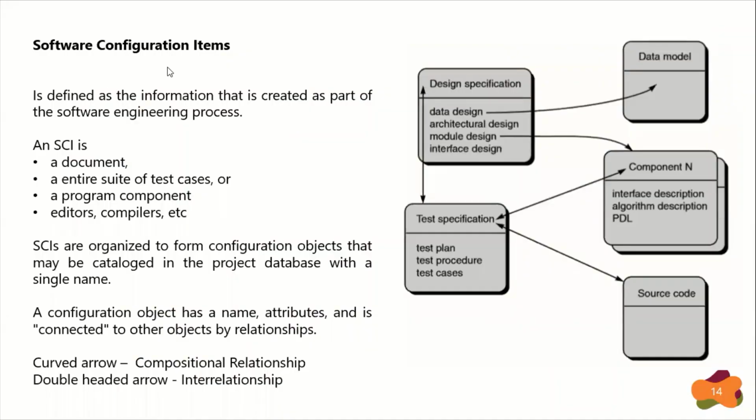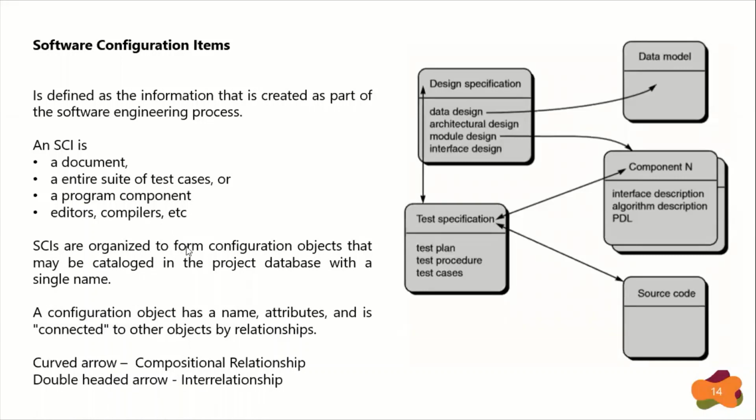We have defined software configuration items as the information that is created as a part of the software engineering process. However, a software configuration item can be considered as a single section of a large specification, or one test case in a large suite of tests. More realistically, an SCI is a document, or an entire suite of test cases, or a program component. It can also be editors or compilers.